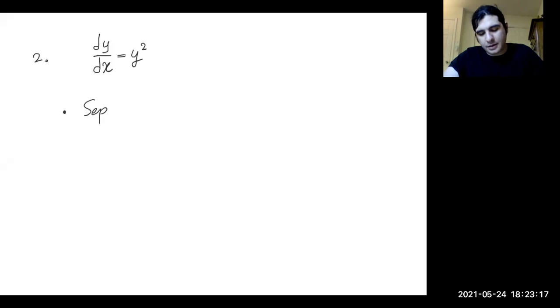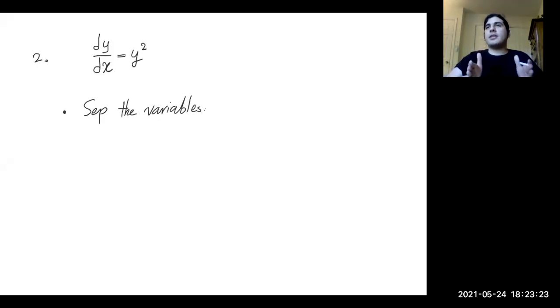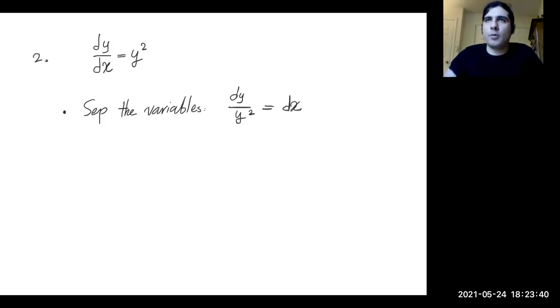Let's move everything which has y in it to the left side of the equation, and everything which has x in it to the right side of the equation. So we would get dy over y squared equal to dx. Right, that would be the first step.